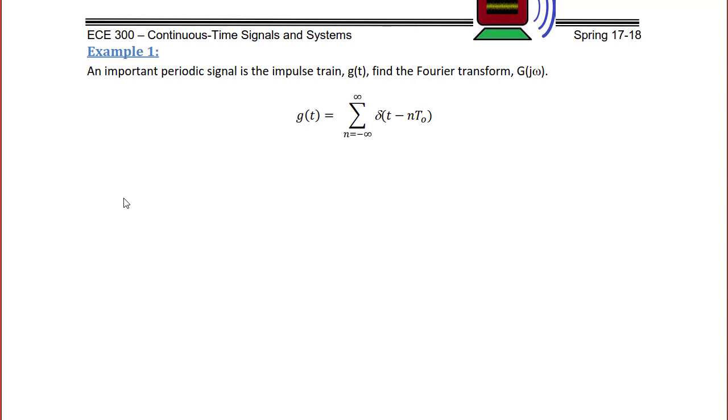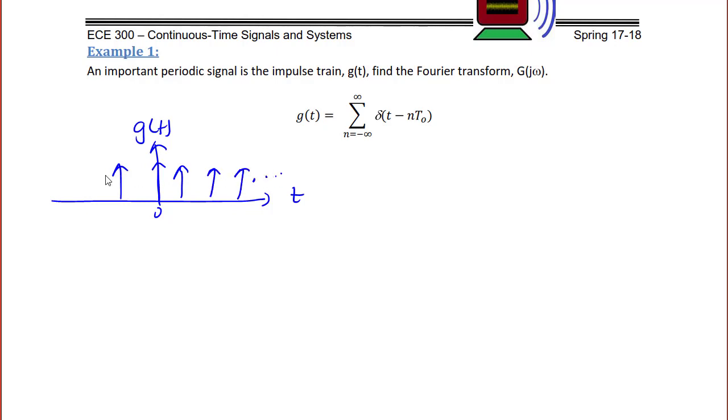Example 1. An important periodic signal is the impulse train g(t). Find the Fourier transform G(jω). g(t) is equal to the summation from n equal to negative infinity to infinity, δ(t minus nT0). So first, let's make a sketch of g(t). It's just a simple impulse train where the area under each of the impulses is a 1, dot, dot, dot.